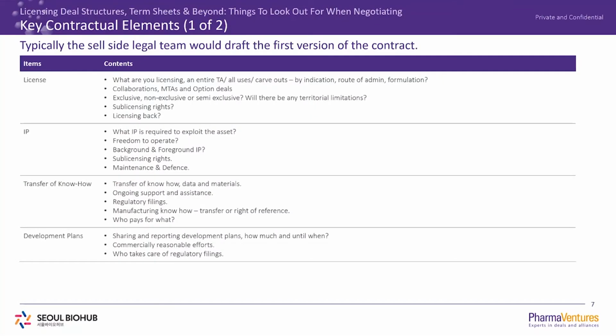So they put things in that say, if this is licensed before, say, phase 2 or phase 3, and a patient is dosed in one of those phases, then the royalty rate could be, say, 25-30%. As soon as that phase has started, the royalty rate may drop to 1 or 2%. So you can have a construct where it's an option deal, and then once a patient is dosed, the royalty rate falls away, and everything changes, and the value. So you need to guard against things like that.